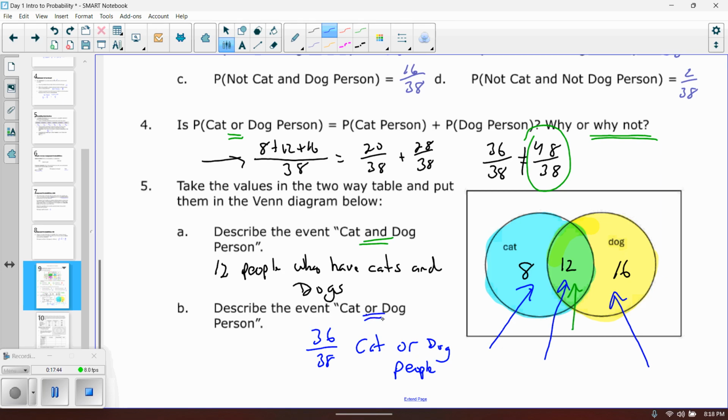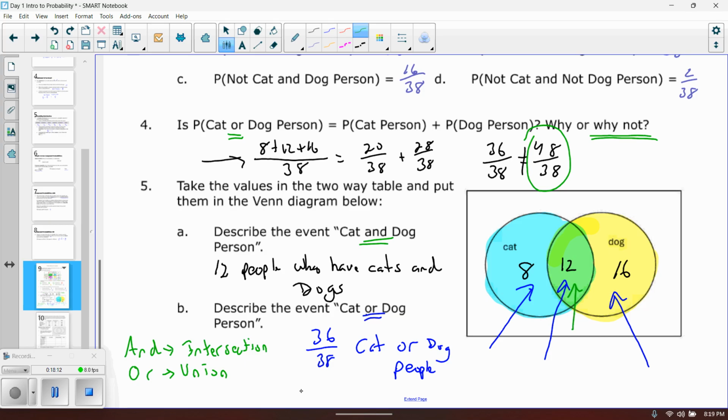So the difference there is the and statement is the intersection. The or statement is what is actually called a union. So when you have an or statement, here, let's write this down here. An and statement is an intersection, and an or statement is a union.